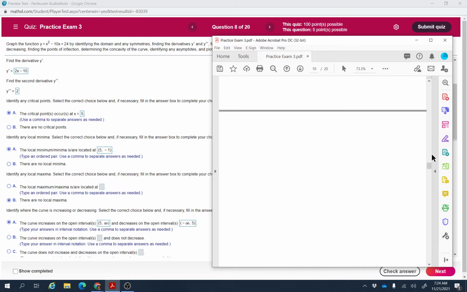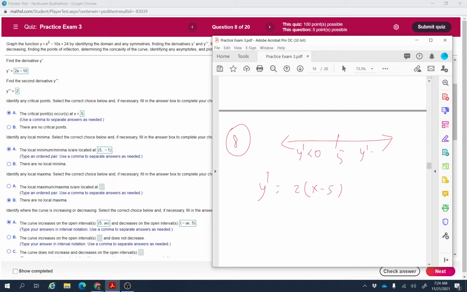This is problem 8. So we know the critical point is 5, and the first derivative is 2 times x minus 5. If you pick a testing point, let's say 0, then you see that the first derivative would be negative.